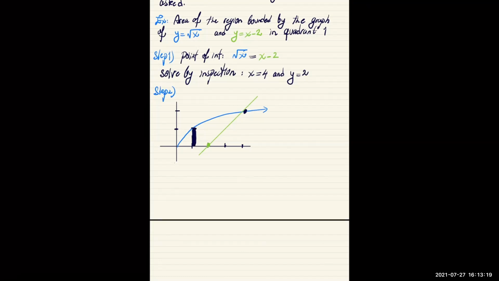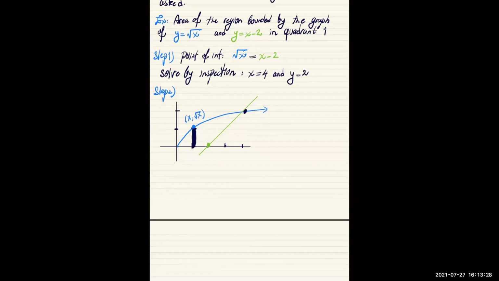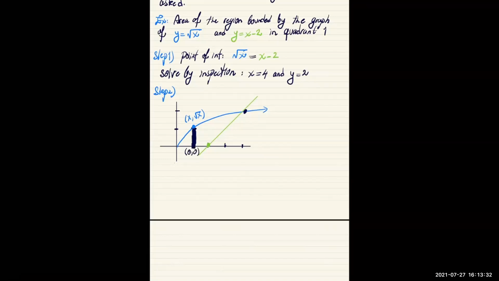The top is on the graph of x, root x. The bottom is on the x-axis, the y value is 0.